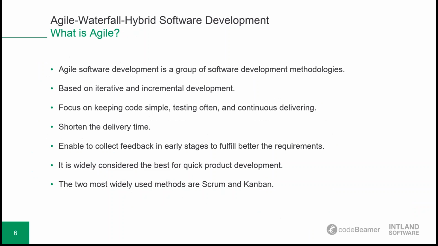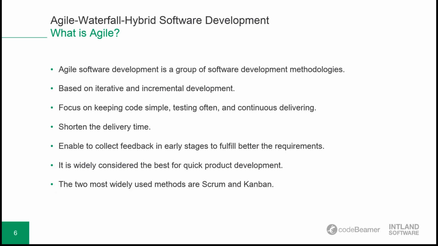Agile is based on iterative and incremental development, and it focuses on keeping code simple, testing often, and delivering continuously. Agile helps you to shorten the delivery time and enables you to collect feedback in early stages to better fulfill the requirements.